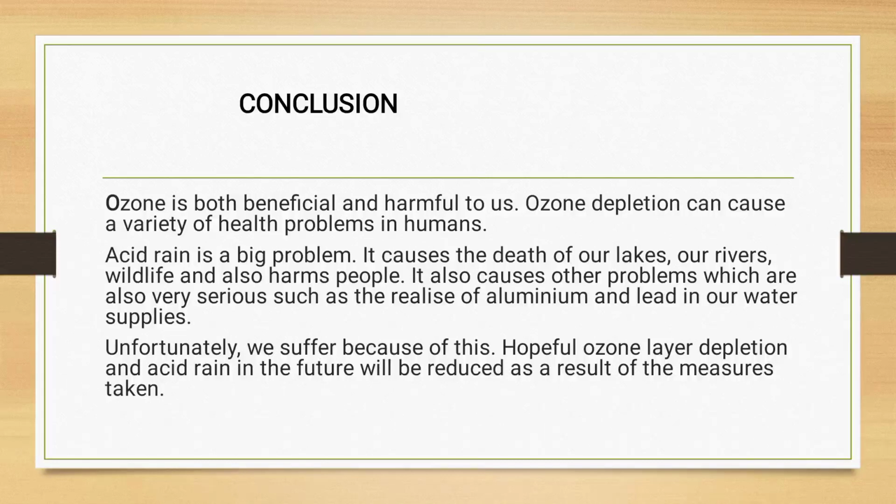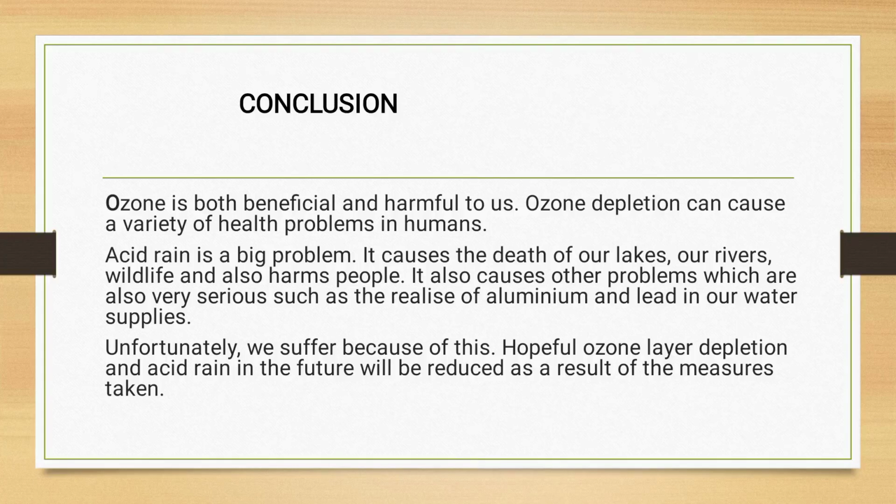So we have studied the ozone layer and acid rain, the damages caused by ozone layer depletion, the ways to control it, and what acid rain is. We know that ozone is both beneficial and harmful to us. Ozone depletion can cause a variety of health problems in humans. Similarly, acid rain is also a big problem. It causes the death of our lakes, rivers, and wildlife, and it also harms people.